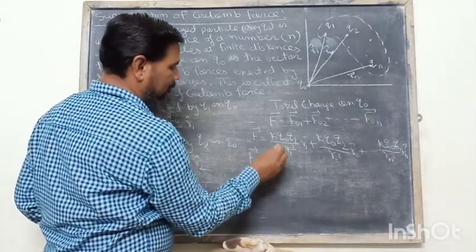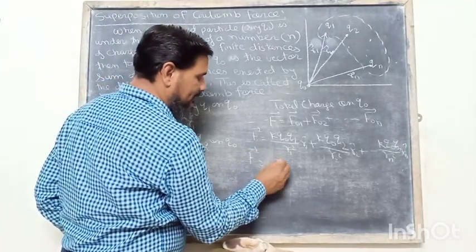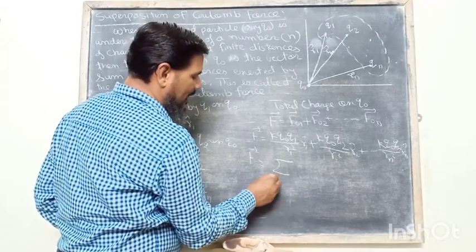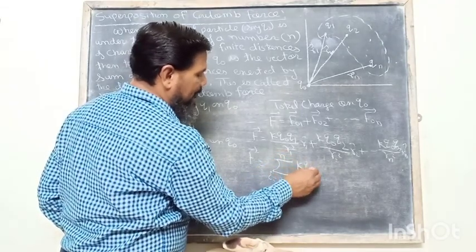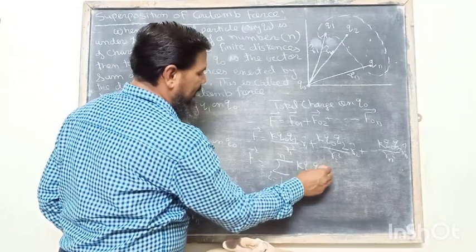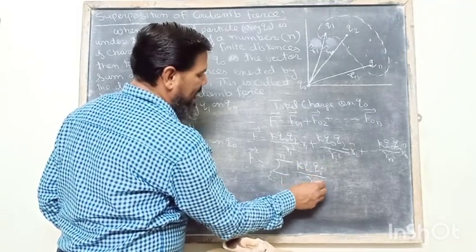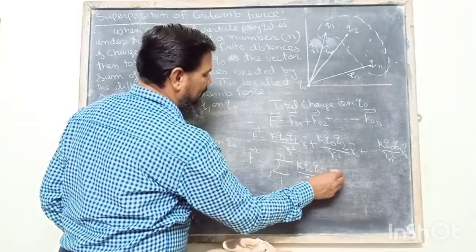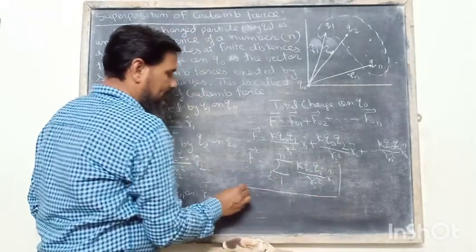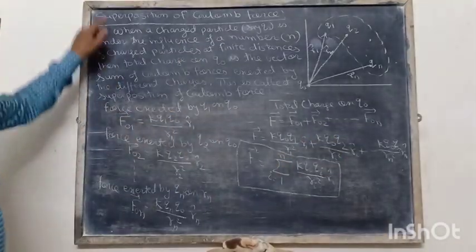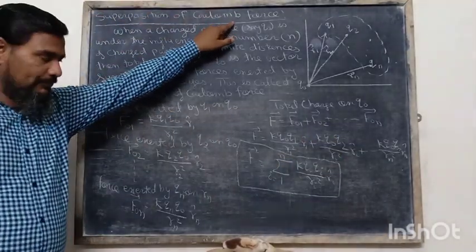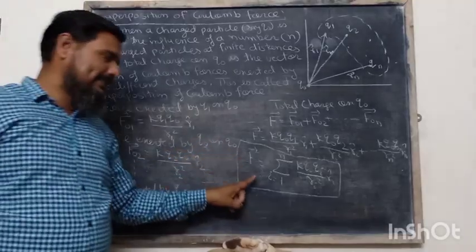It can be written as the summation from i equal to 1 to n of K Q0 Qi upon Ri square Ri cap.